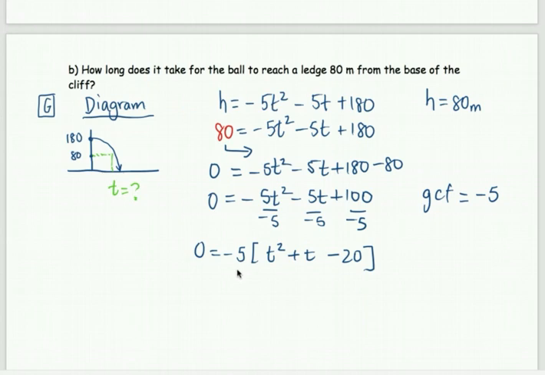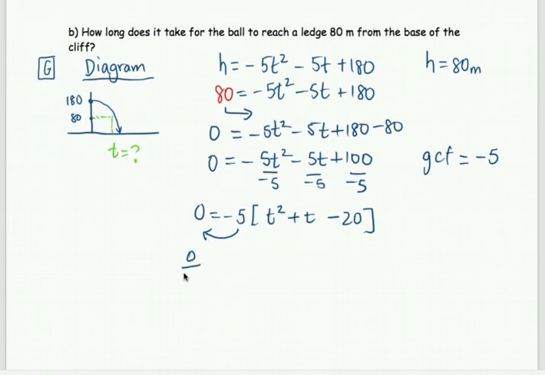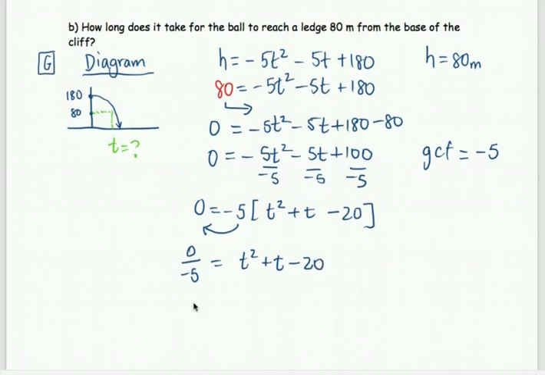So this way you don't have to keep writing these square brackets and so forth. I can take this 5 and divide it away. So when I do that, I'm moving it over into the 0 here and dividing it away. I don't have to write those square brackets anymore because there's nothing in front here. So this becomes a 0. So whenever you factor something out, like the greatest common factor, and then it's equal to 0, you can divide it away and get rid of it.